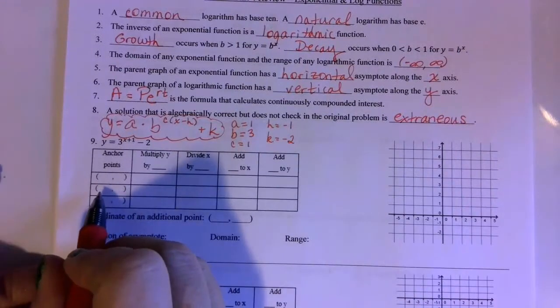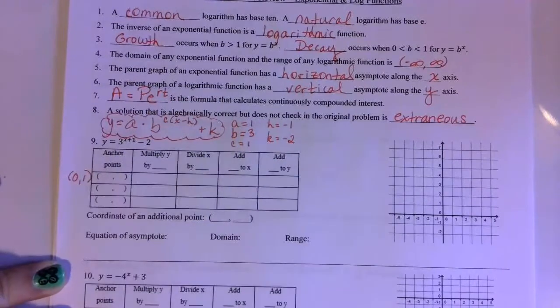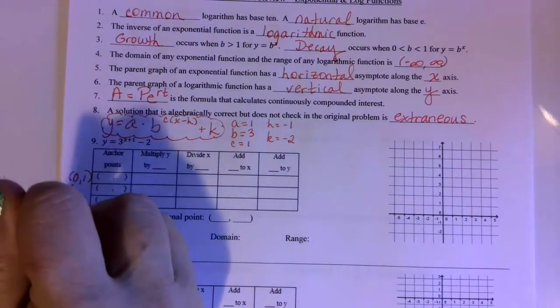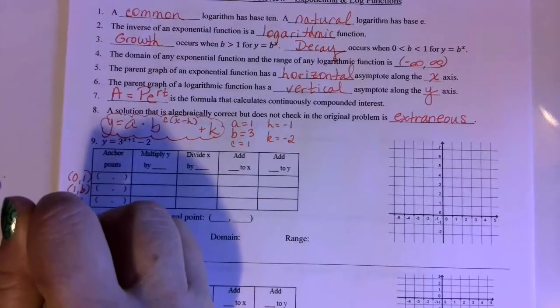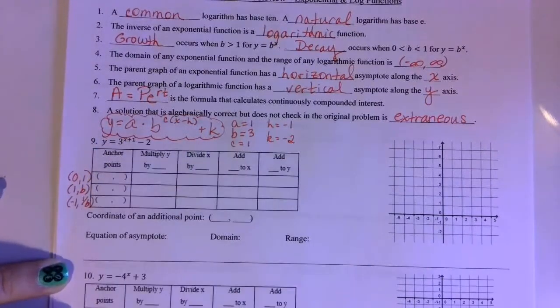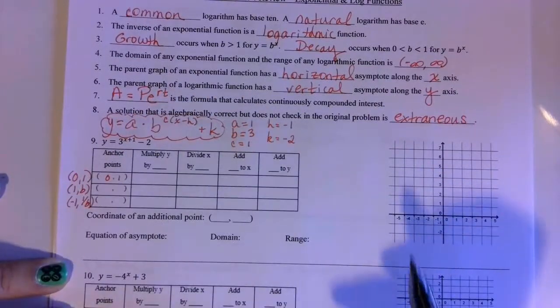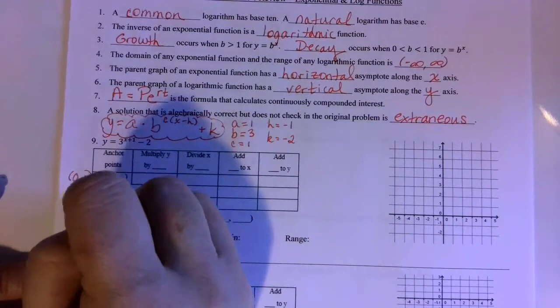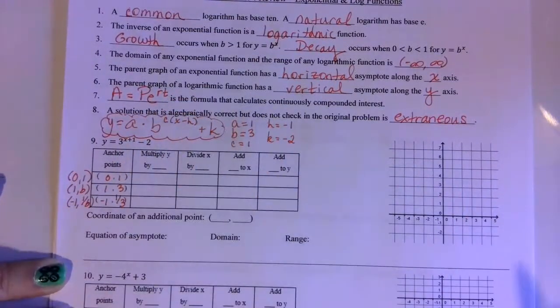Okay, our anchor points are always, for an exponential parent graph, 0, 1, then 1, comma, b, and then negative 1 and the reciprocal of b. So we're going to go through the point 0, 1, our b is 3, so 1, comma, 3, and then negative 1, 1/3.